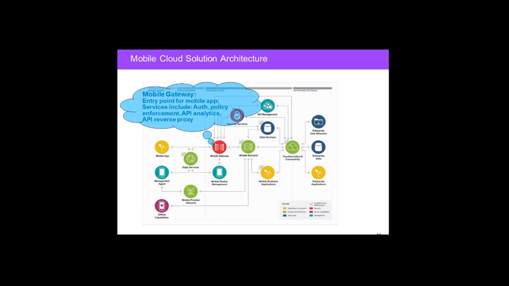And these APIs might be implemented in a PaaS layer where you have different backends, different systems running in a polyglot environment, running in different virtual machines or different processes or different servers. And so having a single entry point where you can apply security policies, where you can enforce authentication, where you can capture analytics and provide reverse proxying capabilities to the backend gives you a level of control that's necessary for enterprise applications. And so the mobile gateway is a core entry point into systems. Next slide, please.